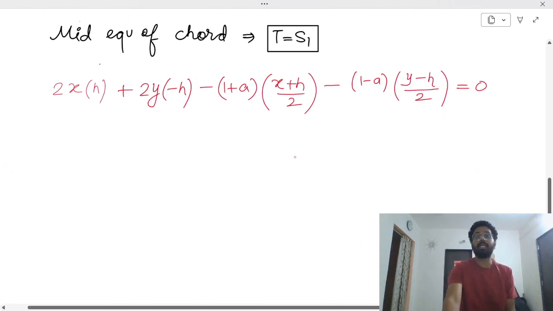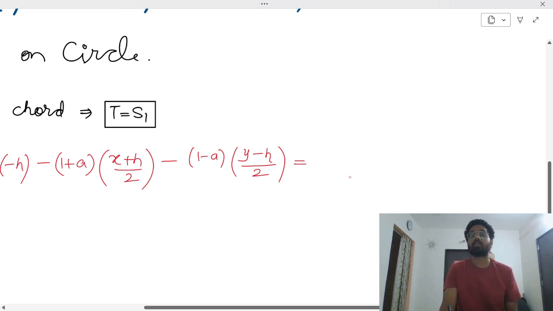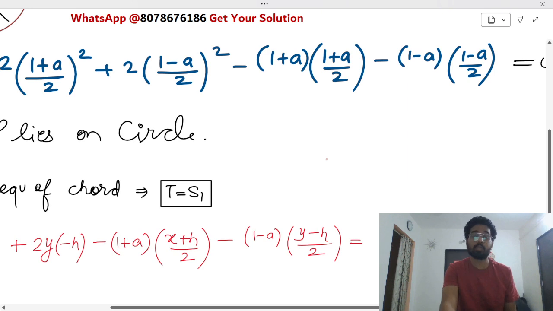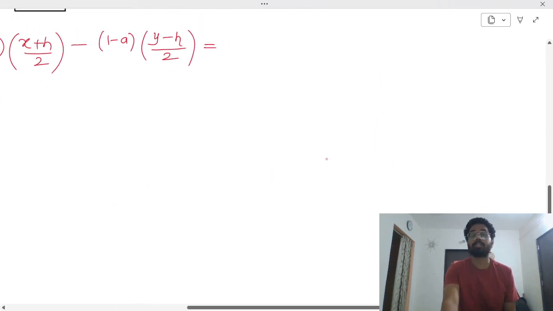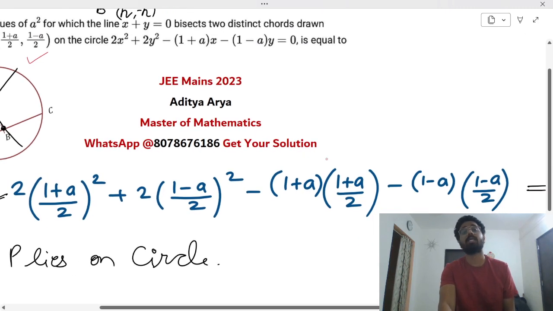This is the equation of the chord. Instead of 0, we have to do one thing: S1. What is S1? In place of x and y, put x1 comma y1. What is the equation of the circle? Let me show you one more time. It's 2x square plus 2y square minus (1 plus a)x minus (1 minus a)y.